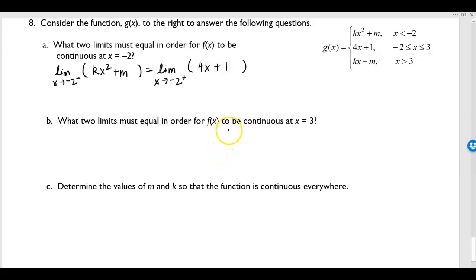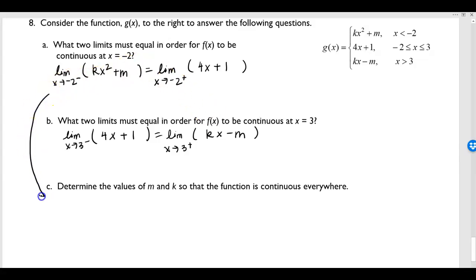In order for f to be continuous at x equals 3, I would say that the limit as x approaches 3 from the left of something has to be equal to the limit as x approaches 3 from the right of something. So the left of 3 is 4x plus 1, and to the right of 3 is kx minus m. So again, I can use those two limits.